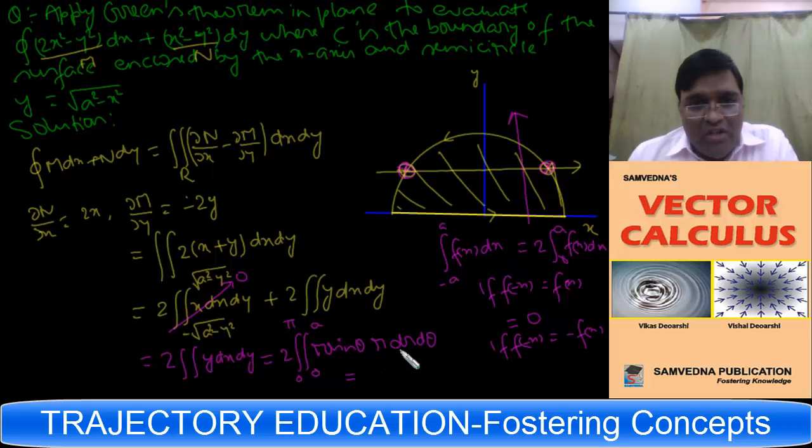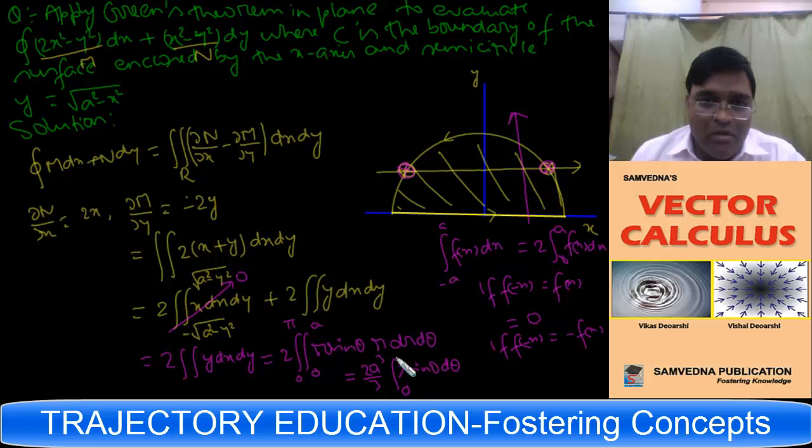So this will come as r square dr. R square dr, when integrated, will become r cube by 3, and if I put the limits 0 to a, this will become a cube by 3. So this is 2a cube by 3, and sine theta d theta integrated from 0 to pi.